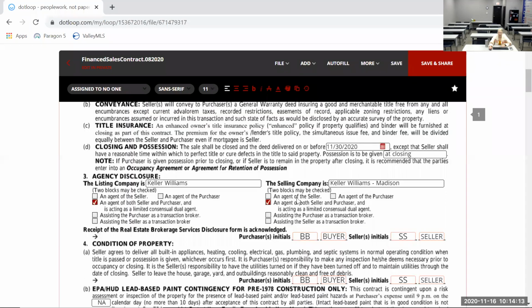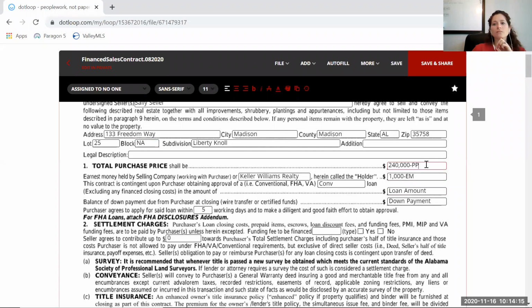Purchase price. Now it's going to go way too far. Purchase price. I'm sorry, what is addition? Addition just means if there's an additional phase or something in there. Sometimes you'll see a subdivision that has had an addition to it, like Liberty Knoll phase 2 addition to Lexington something.